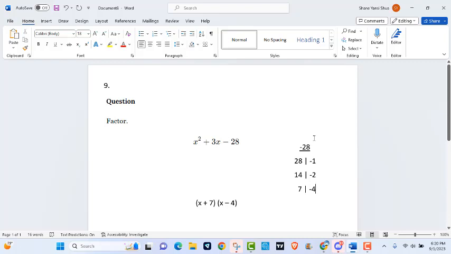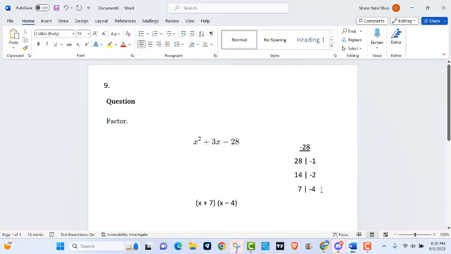So if I go through 28, what two numbers multiply to 28? Well, 28 and 1, of course, 14 and 2, and 7 and 4. So those are the factors of 28.